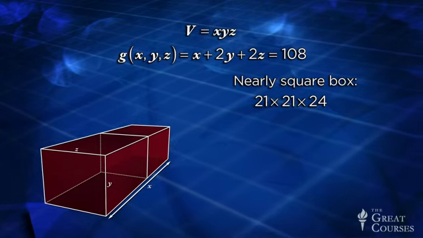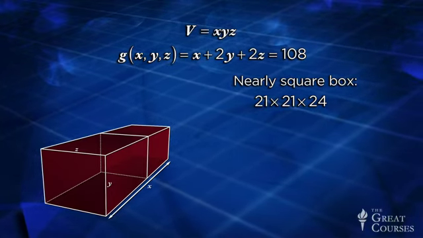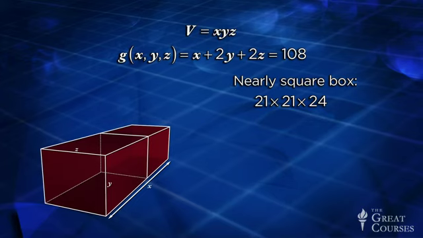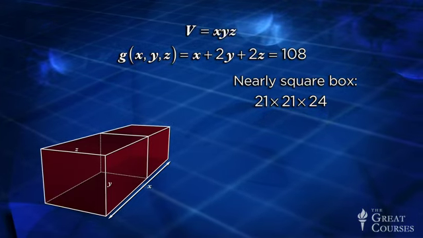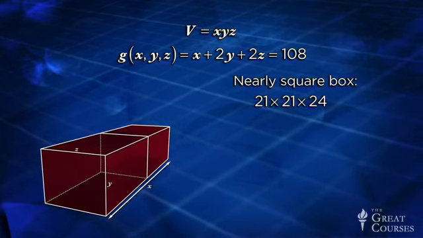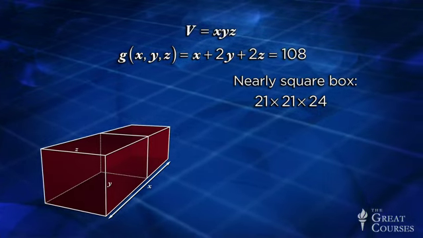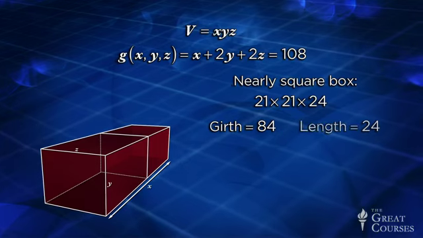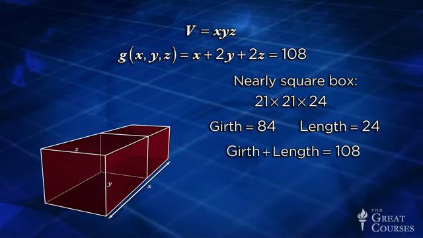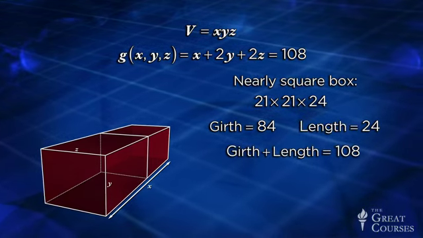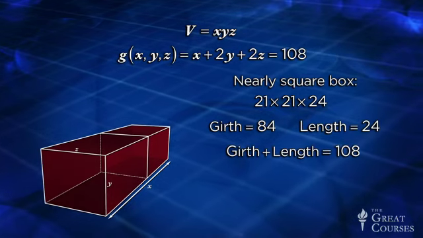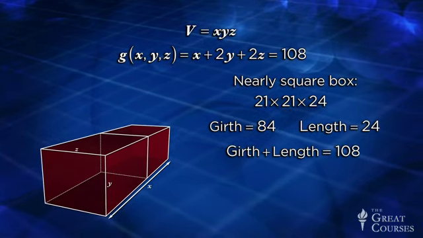The dimensions are almost the same, 21, 21, 24. Now, let's check to see if it meets our requirements. What's the girth? Well, 21 plus 21 plus 21 plus 21. The girth is 84, and the length is 24. Add those up, 108. So I've met the requirement that girth plus length is 108.